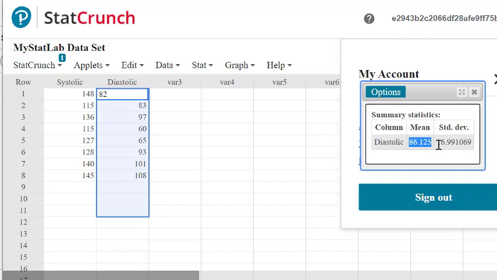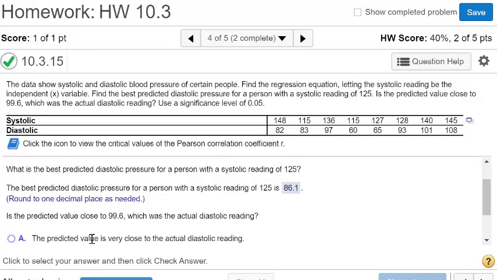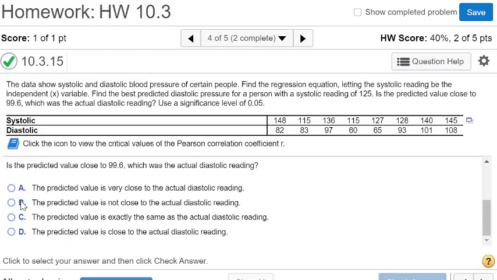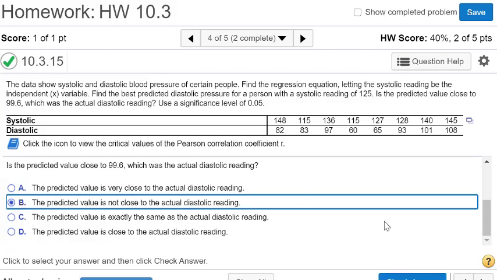I think the standard deviation would play an important part in this. The standard deviation is about 17, and the difference is about 14, 15. So it's less, but it's not that much less. So it's fairly close, about half of a standard deviation away or something like that, but I don't think this was close at all. So let's select this, not close.